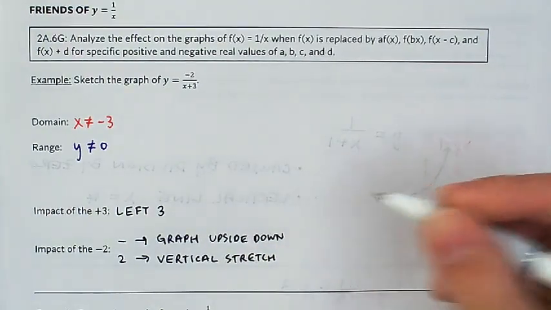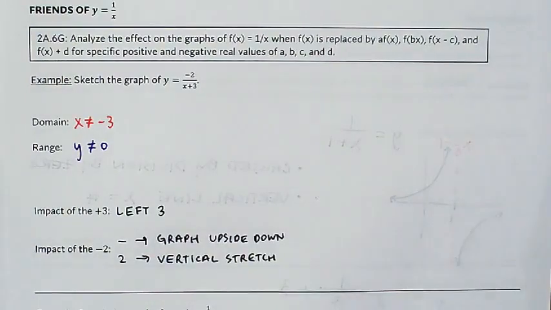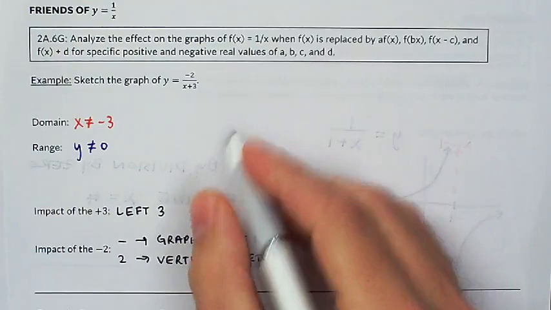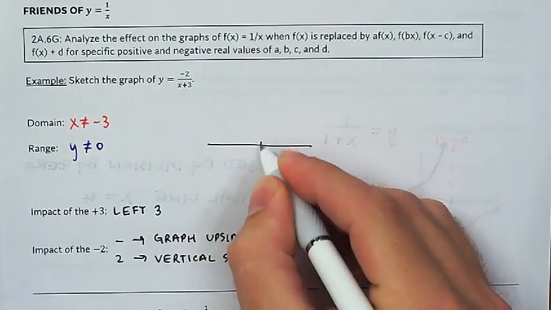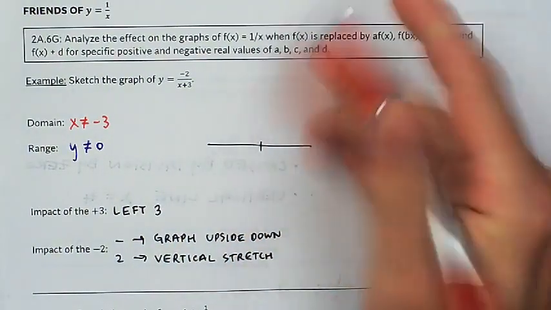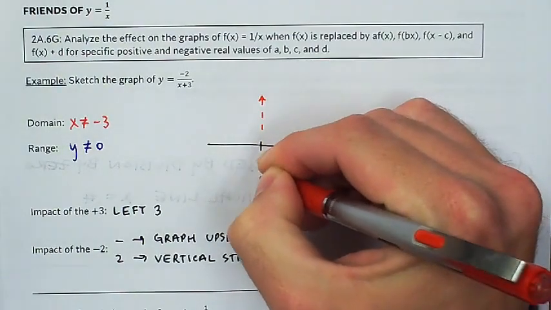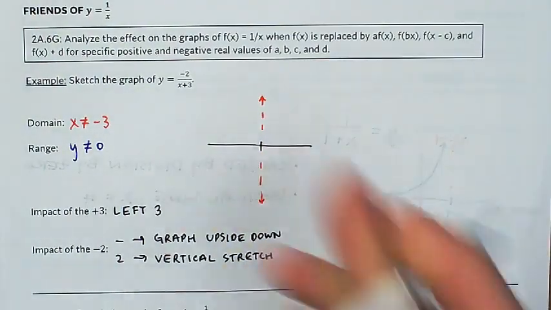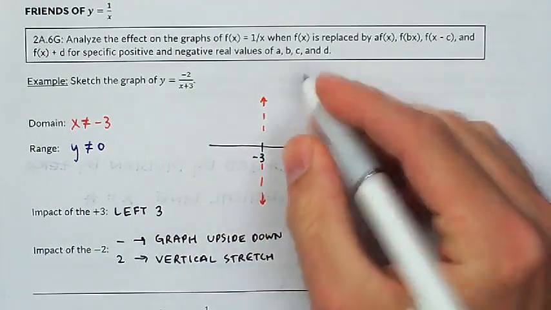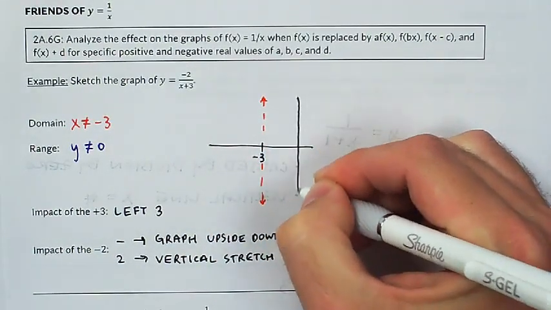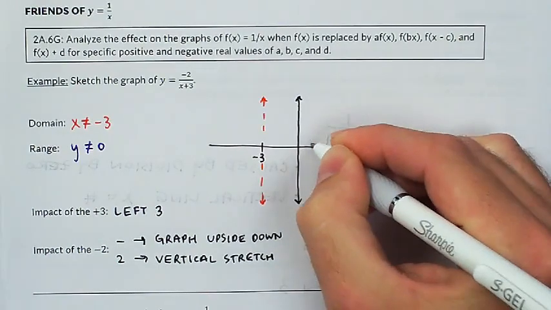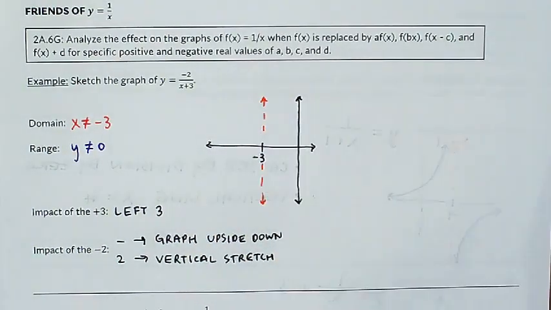But if you're ever unsure, you could just, like we did at the beginning, make a table of values, plot points, connect the dots. There's nothing wrong with that. So I go over here, x equals -3 is where my vertical asymptote is. So I might put that in here. That would mean that my y-axis would need to go here, if that's my x-axis.